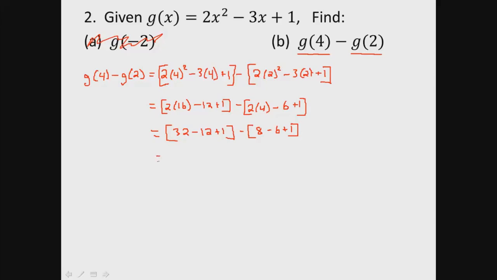And over in this bracket, if I put all this together, I've got 32 minus 12 plus 1, we've got 21, minus 8 minus 6 plus 1 is 3.